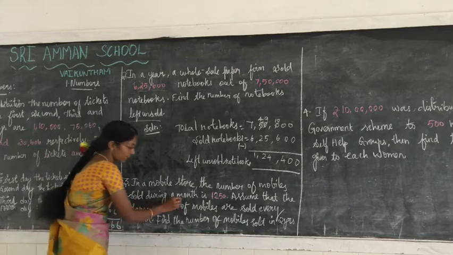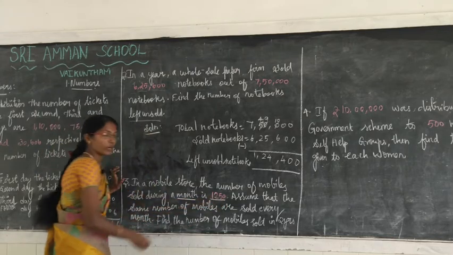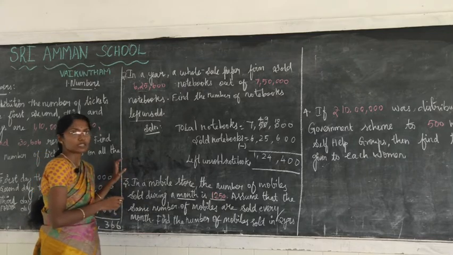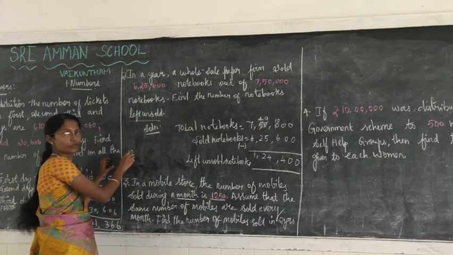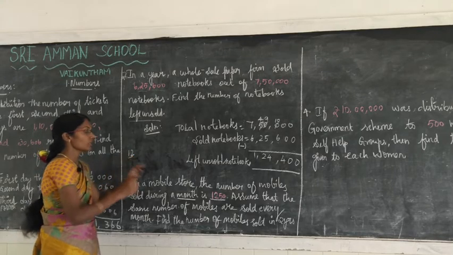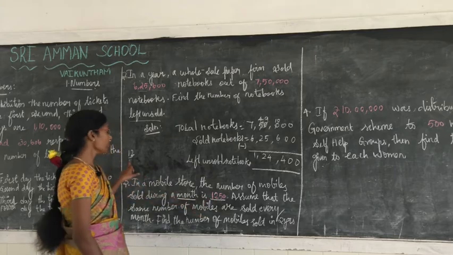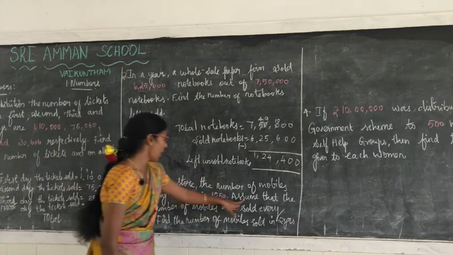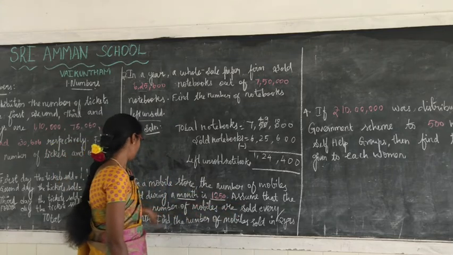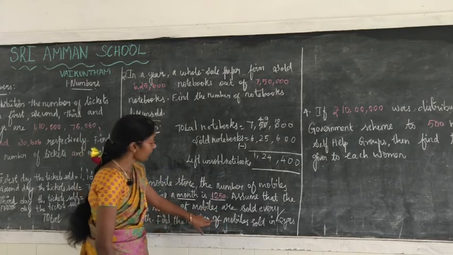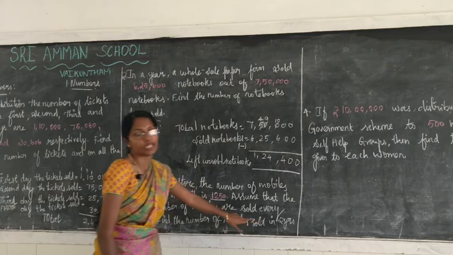Per month they sold 1,250. Every month, for a year, how many months? 12 months. So for 1 month they sold 1250. Find the number of mobiles sold in 2 years.